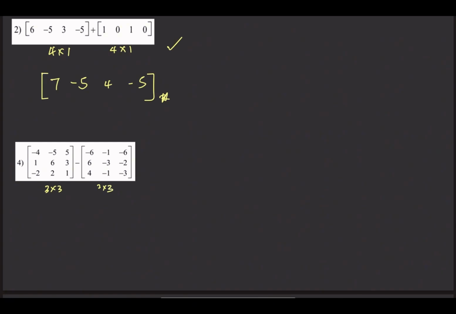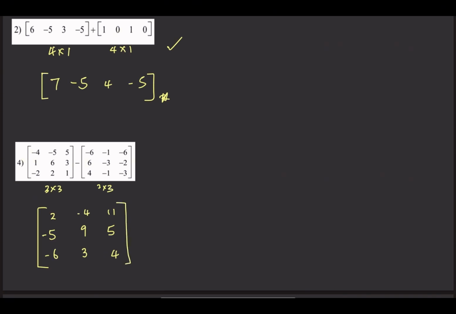This is also a 3 by 3 matrix, so our answer will naturally also be a 3 by 3 matrix. -4 minus -6, 2, -5 minus -1, -4, 5 minus -6, 11, 1 minus 6, 5, -5, 3 minus -3, 6 minus -3, 9, 3 minus -2, 5, -2 minus 4, -6, 2 minus 4, -2, 2 minus -1, 3, 1 minus -3, 4.